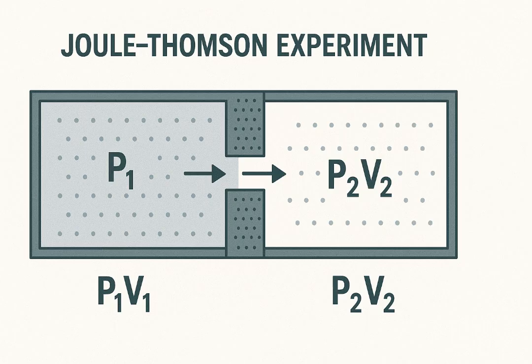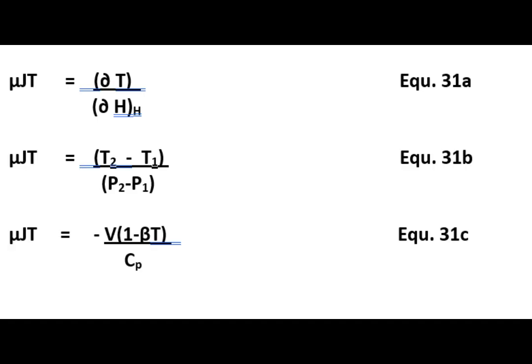8.3 Joule-Thomson coefficient, μJT. The Joule-Thomson coefficient, μJT, is as shown in equation 31. It describes how temperature changes with pressure at constant enthalpy. If μJT is 0 or positive, the gas cools upon expansion.